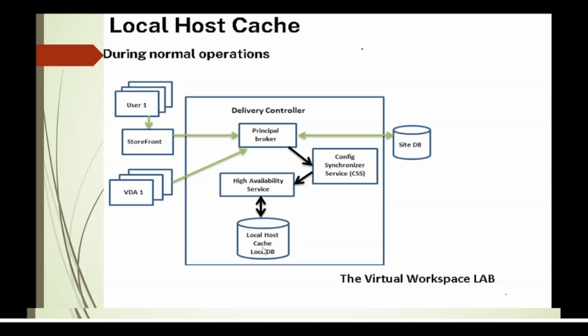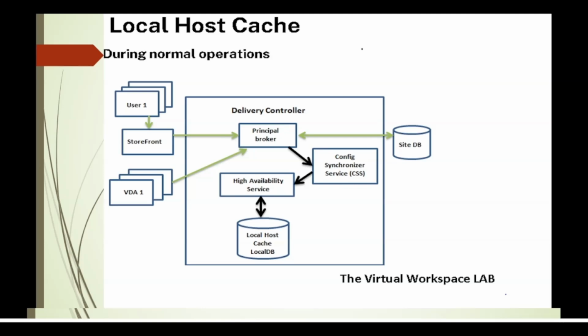How is the localhost cache database created? For that there is one service, the config synchronization service. The Citrix config synchronization service plays an important role. Suppose you create a machine catalog or delivery group, that is a configuration change.